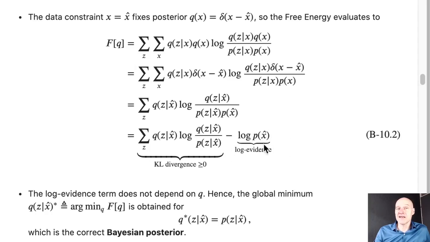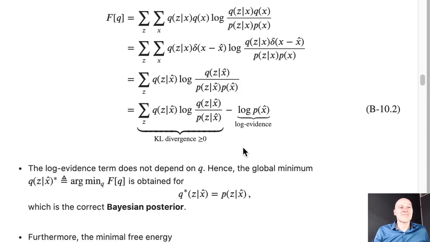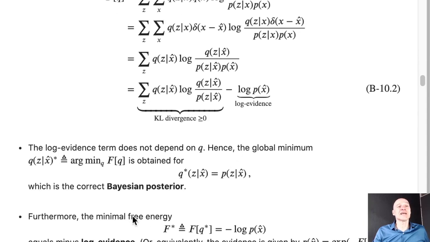Well, P of x hat is the Bayesian evidence, right? So the minimal free energy, which I get by plugging in my optimal value for Q, is basically minus log Bayesian evidence.